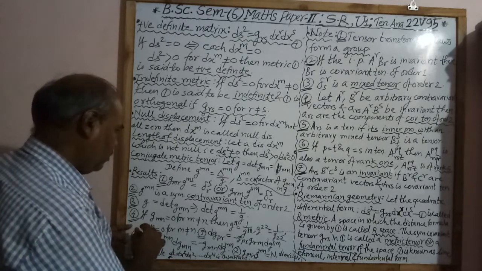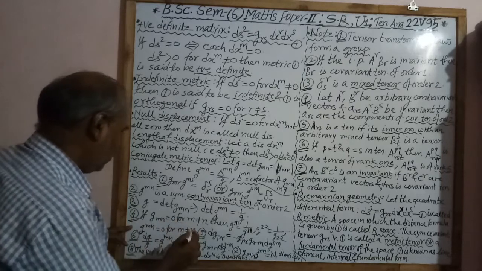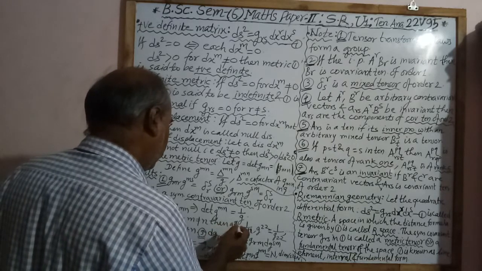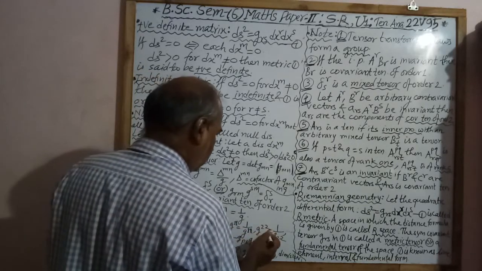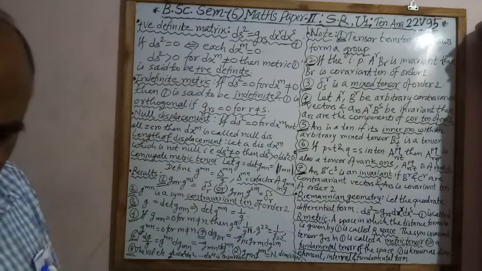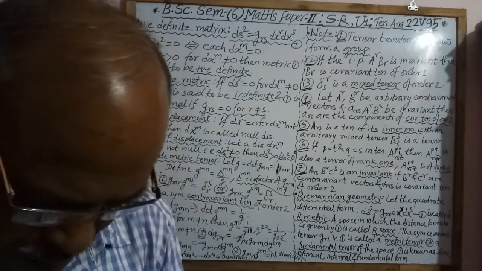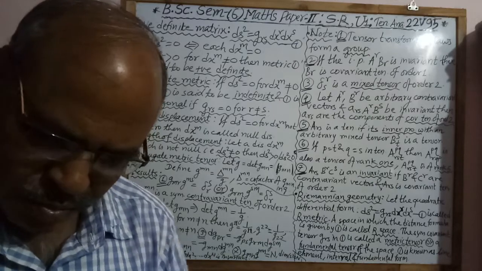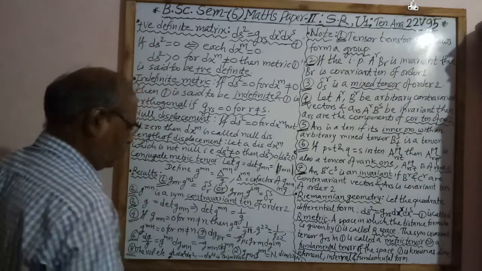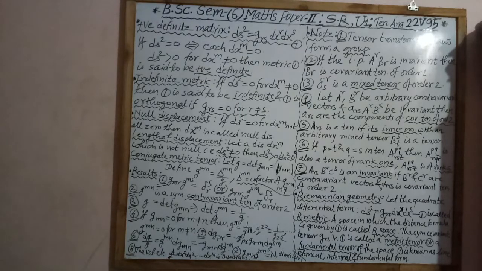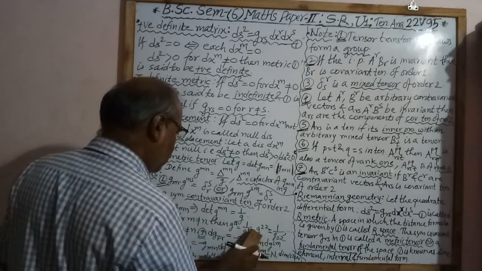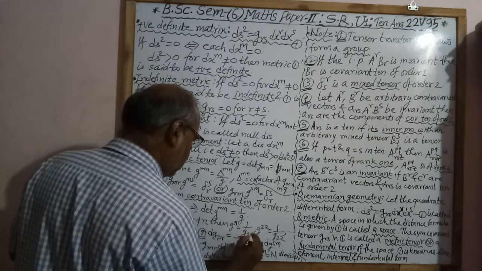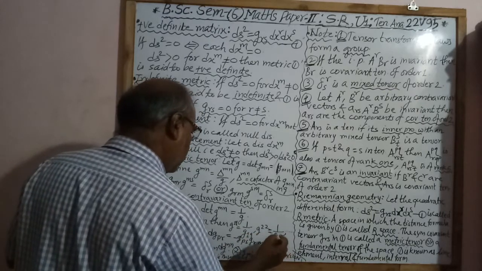In this formula 4, we have written g_mn equal to 0 for m is not equal to n. Then g^11 equal to 1 upon g_11, g^22 equal to 1 upon g_22. Here g_11 is the lower suffix, here 1 upon g_22 and so on.